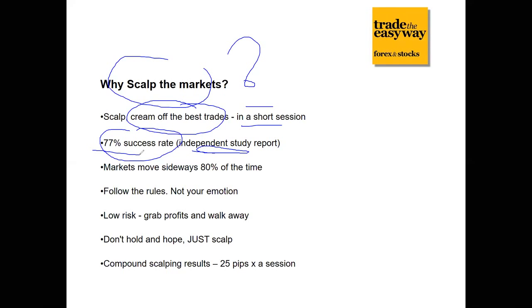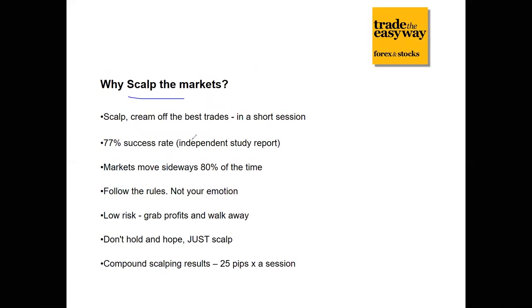So markets move, why scalp? Markets move sideways 80% of the time. Particularly over the last couple of months, we've had a very flat euro and pound, just moving in and out of a box.